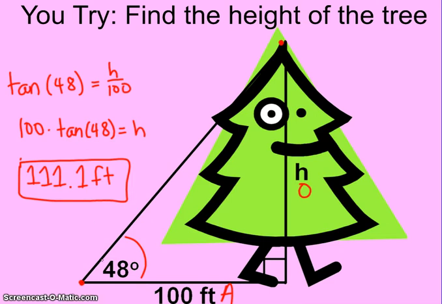Basically, how you would find the angle of this 48 degrees is with something called a clinometer. And if we have time to get to it, we will have a day or a couple of days where we create our own clinometers, and then we will measure certain things, buildings, trees, lampposts, in real life. Okay? So be prepared to be able to solve problems like this.